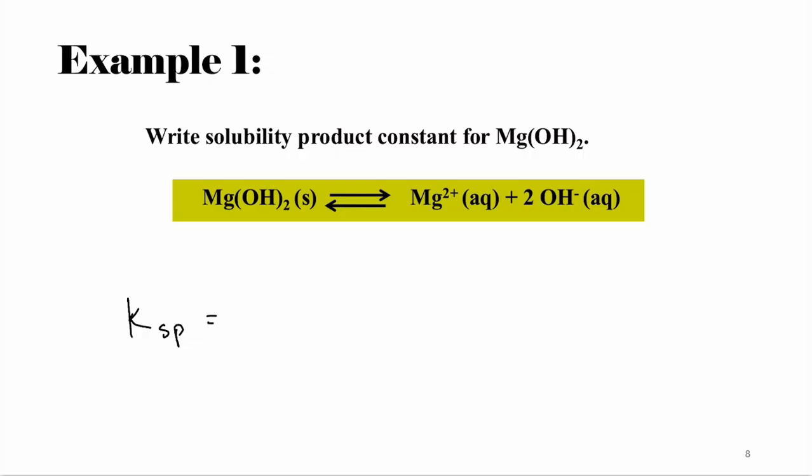What is KSP for this? Mg times OH squared. Yeah, we have magnesium ion, and then our hydroxide, and that's going to be squared, right? Because we have the coefficient, which is why that's going to be squared here. All right, so this concentration for a saturated solution would be the molar solubility. The solubility product is the product between both of these.